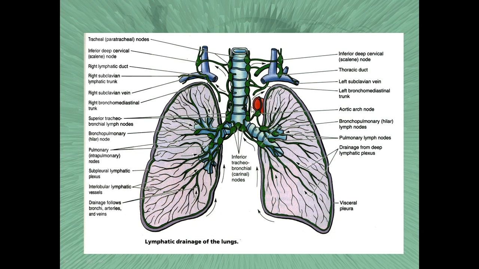Then the paratracheal lymph nodes, and finally the right bronchomediastinal trunk and left bronchomediastinal trunk. And as we all remember, the right bronchomediastinal trunk empties into the right lymphatic duct, then to the right venous angle, and the left bronchomediastinal trunk drains into the thoracic duct and then to the left venous angle.